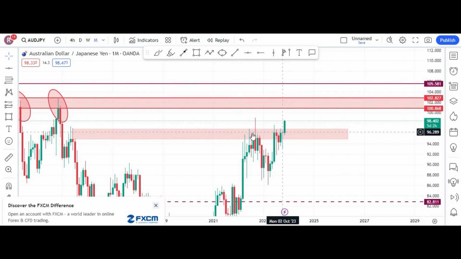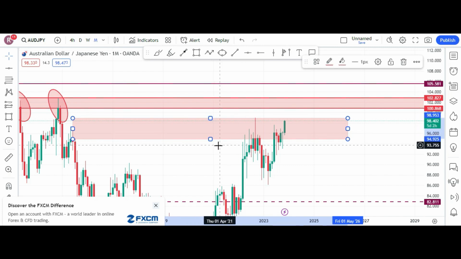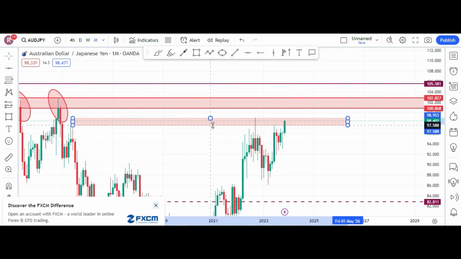So a lot of time it has tried to break this zone, so if we consider all of them, then this is the zone. Actually this will be the zone to cover all of them. But if we pick up the best, the higher one, we have only this one actually, guys. This is the thing we have actually.